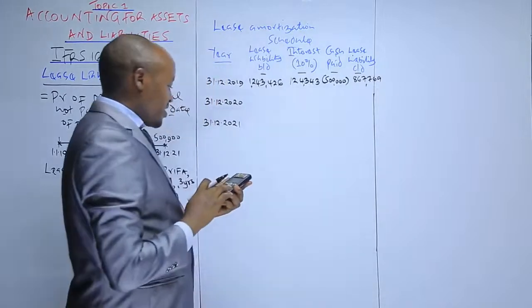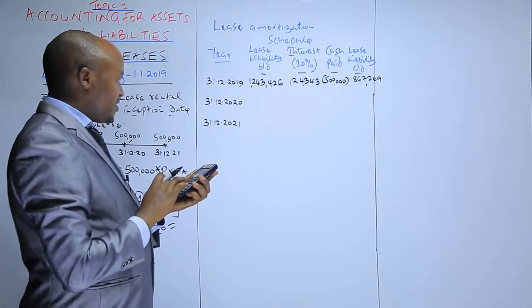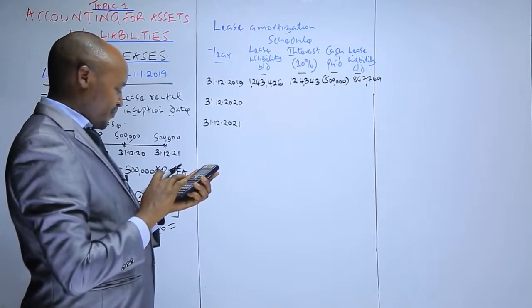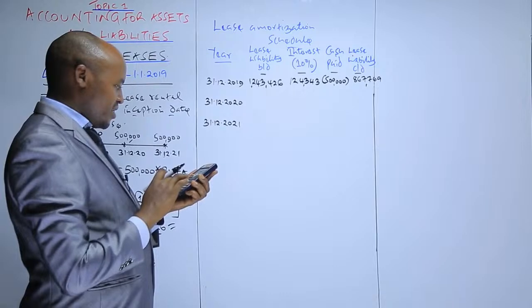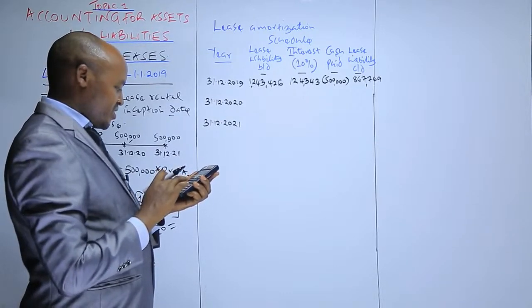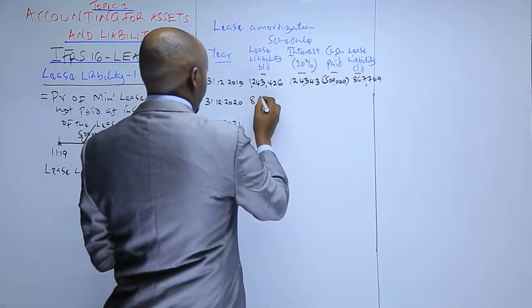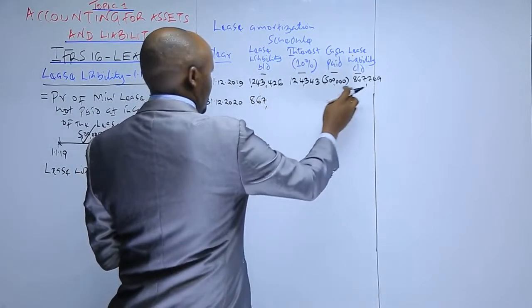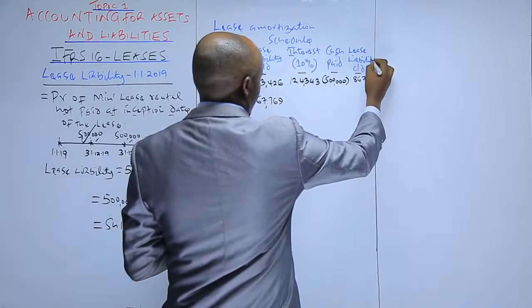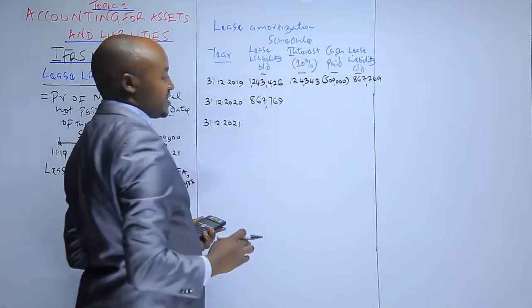We can confirm: 1,243,426 plus the interest 124,343 minus what was paid, 500,000, gives 867,769, which will be the lease liability at the end of year one, and equally the lease liability at the start of year two.